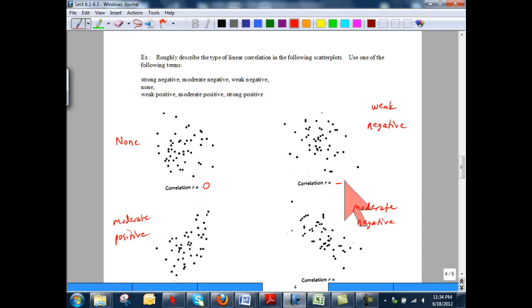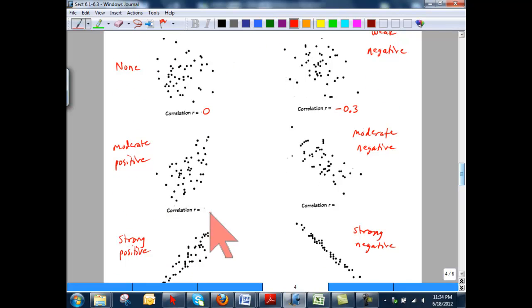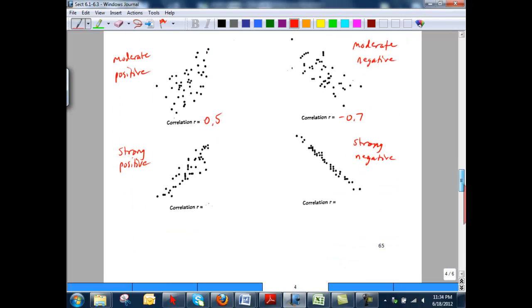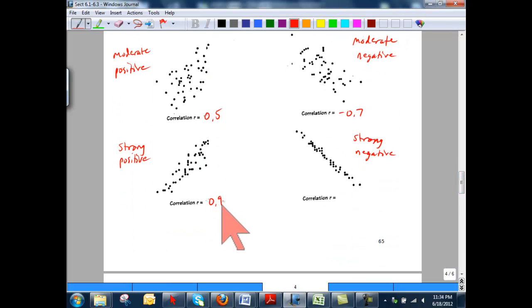Here's a case where R equals -0.3, so weak negative correlation. Here is R equals +0.5, R equals -0.7, R equals +0.9, and R equals -0.99. And you see this is getting very close to -1, and so we have very strong negative correlation in this picture.